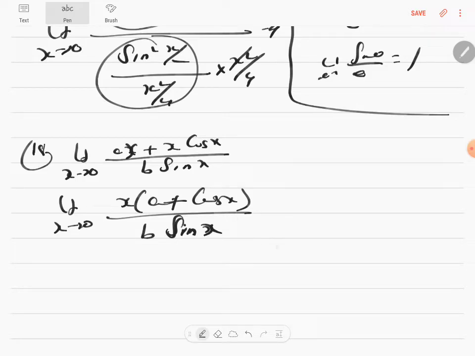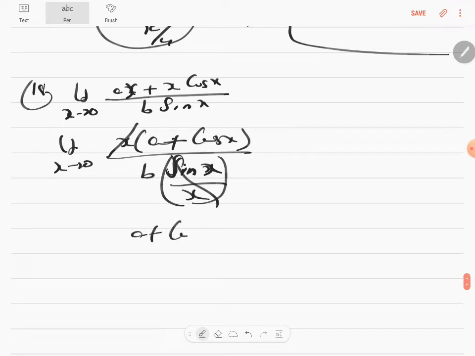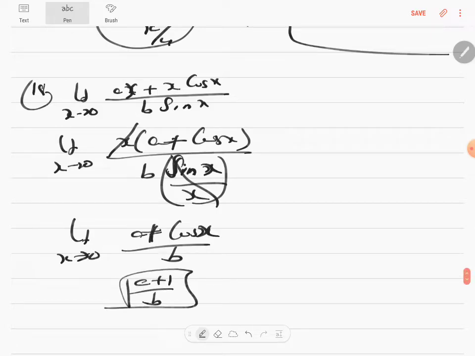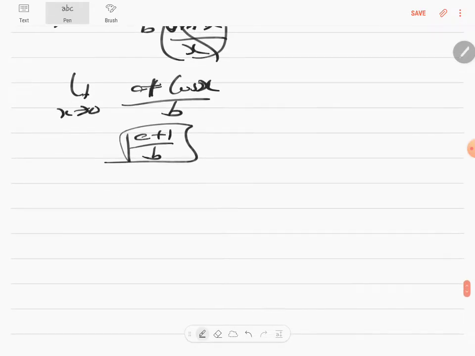So sin x by x, we can cancel this x and bring it down as 1 by x. So this itself becomes 1. The sum becomes a plus cos x by b, limit x tends to 0, and you can put x as 0, cos 0 is 1. So a plus 1 by b is your answer. Are you clear? So let's go to the next sum.